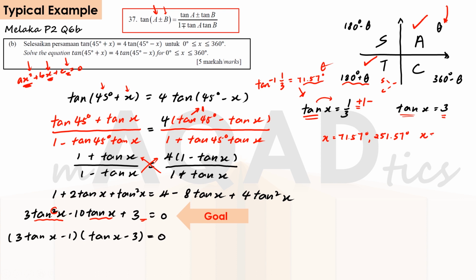Right, so here we should find the theta first. So theta is, if we move tan to the other side, arc tan 3. Okay, type this into the calculator and you will get 18.43 here and 198.43 if we add this value to 180.